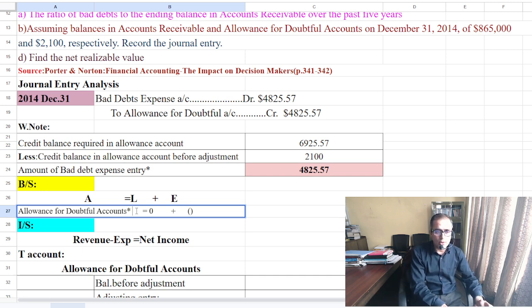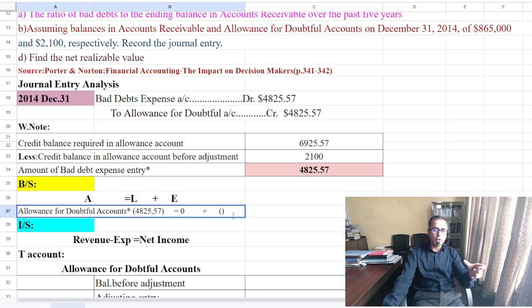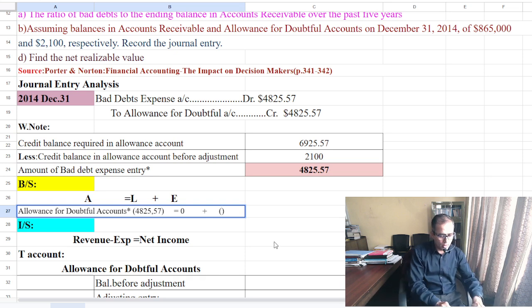When you record it on the asset side, that value would be 4825.57. Then look at what will happen to your equity. In equity the value will be the same, 4825.57.